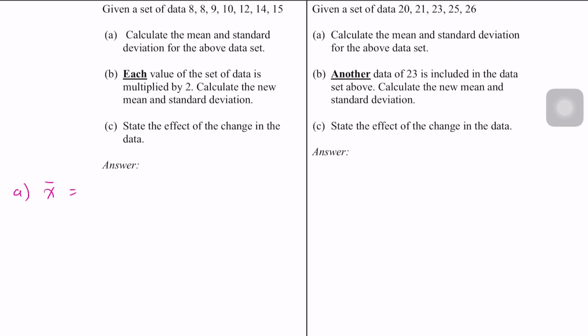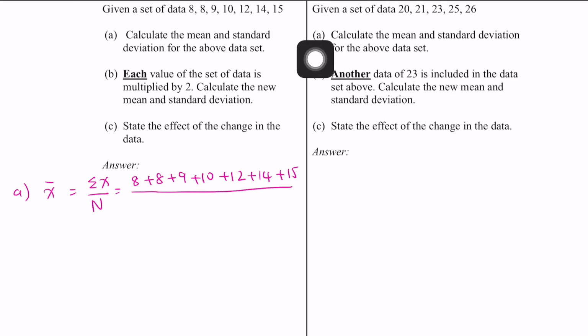X bar is equal to, please make a habit of writing the formula, summation of x divided by n. So summation of x is 8 plus 8 plus 9 plus 10 plus 12 plus 14 plus 15, divided by how many numbers in the set? 1, 2, 3, 4, 5, 6, 7. So divide by 7.